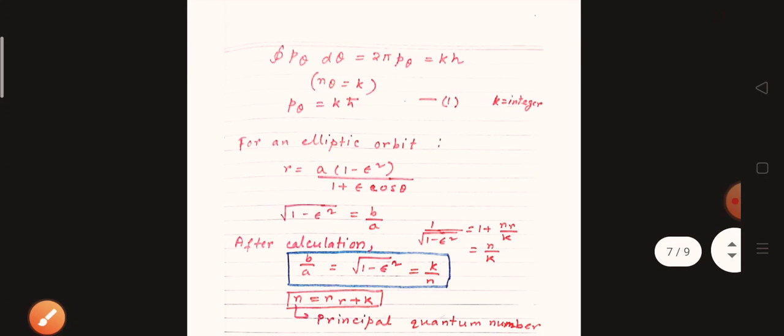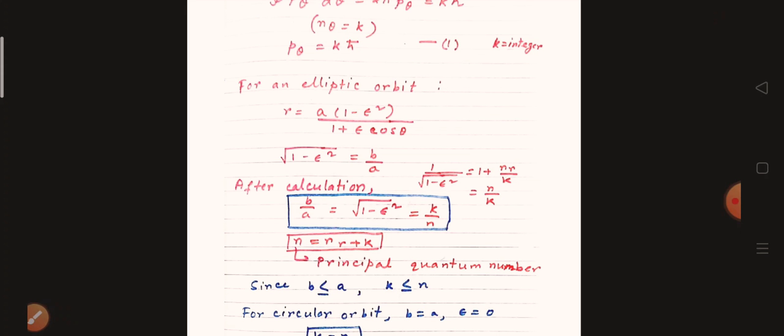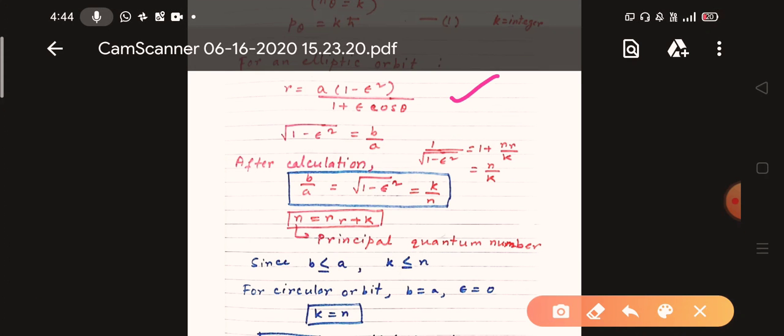Now Sommerfeld did some simple calculations from the consideration of the elliptic orbit. We all know the formula for the radius of the elliptic orbit: r equals a times 1 minus epsilon square, divided by 1 plus epsilon cos theta. We also know that if b is the semi-minor axis and a is the semi-major axis, then root over 1 minus epsilon square equals b by a, where epsilon is the eccentricity.